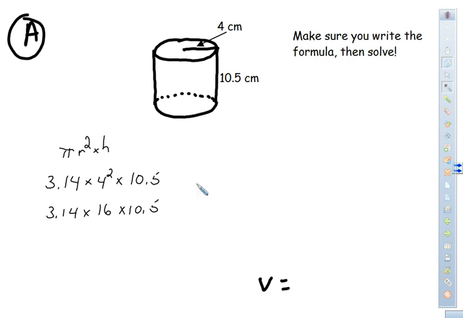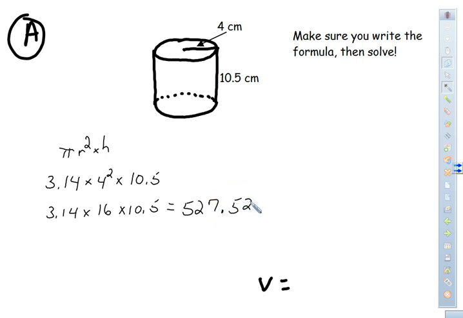Now you can just simply type that into your calculator. And 3.14 times 16 times 10.5 gives me a total of 527 and 52 hundredths.